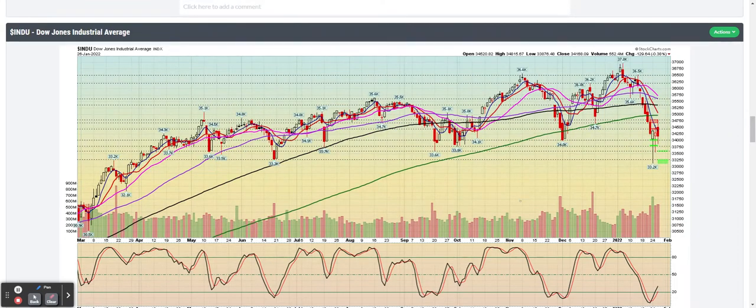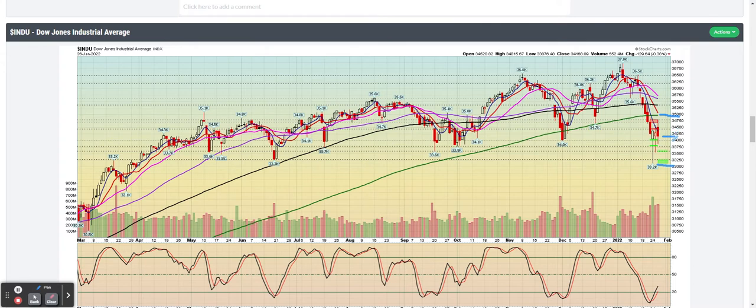Dow Jones Industrial Average. This one, same as the other indices, couldn't close above the 5-day moving average. Found heavy resistance up here in that zone. It closed between very strong support levels or very important pivot points, which I would say was this low and all these moving averages.